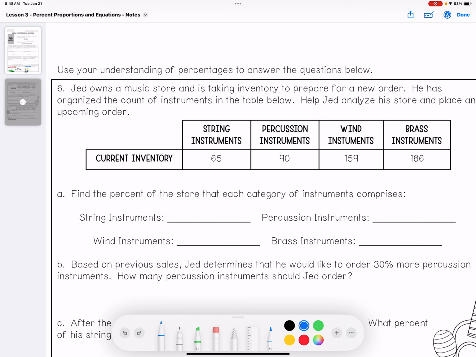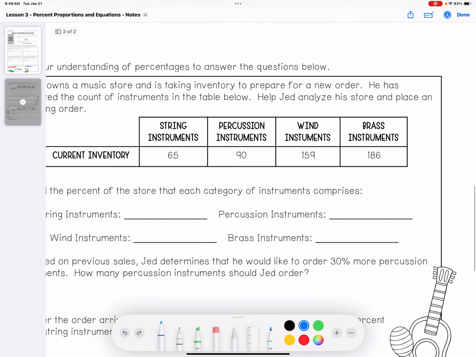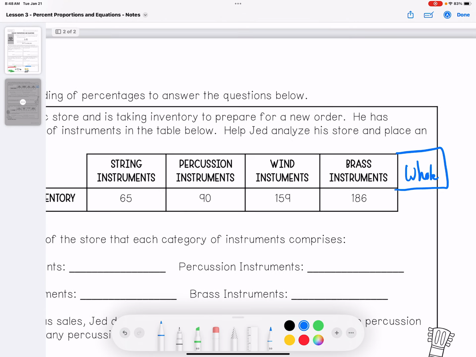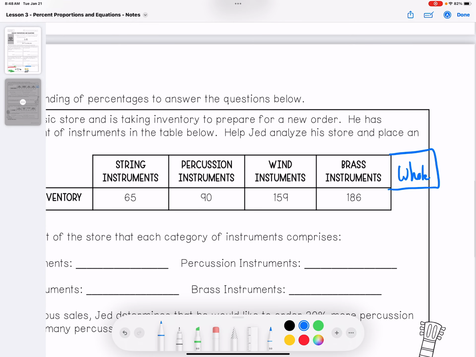It's going to be all of the instruments added up. So go ahead and add all those up on your calculator. I counted 500.